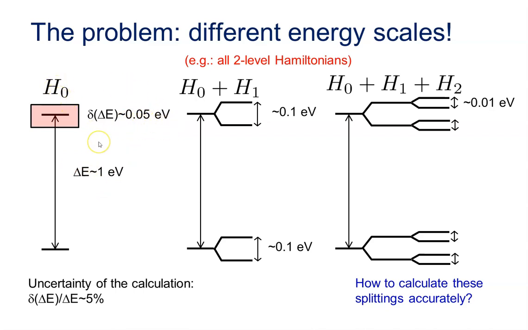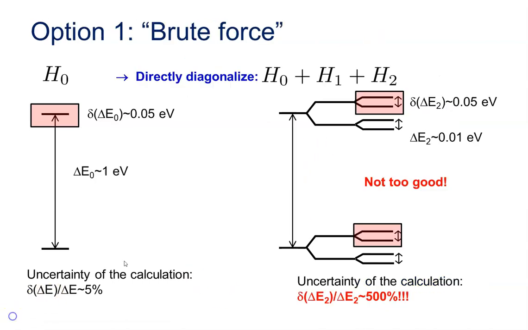So that's the brute force approach. Say, well, let's just take this and diagonalize it, right? So calculate the matrix elements and let it run. What do you get? If you do this brute force approach and just directly diagonalize, your accuracy will not get any better, right?